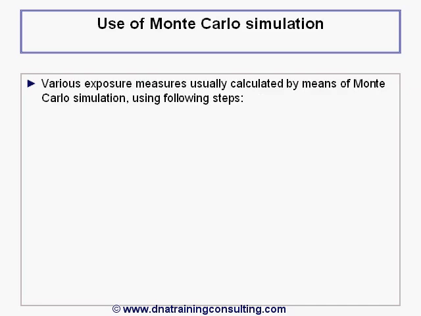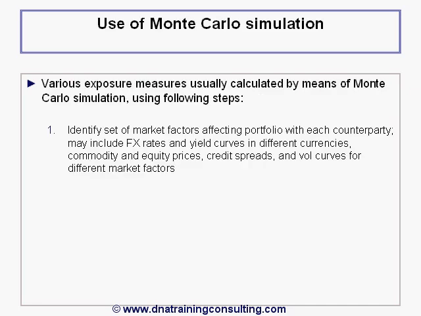The various exposure measures are usually calculated by means of Monte Carlo simulation using the following steps. Step 1. Identify the set of market factors affecting the portfolio of transactions with each counterparty. This may include FX rates and yield curves in different currencies, commodity and equity prices, credit spreads, volatility curves for different market factors, and so on.